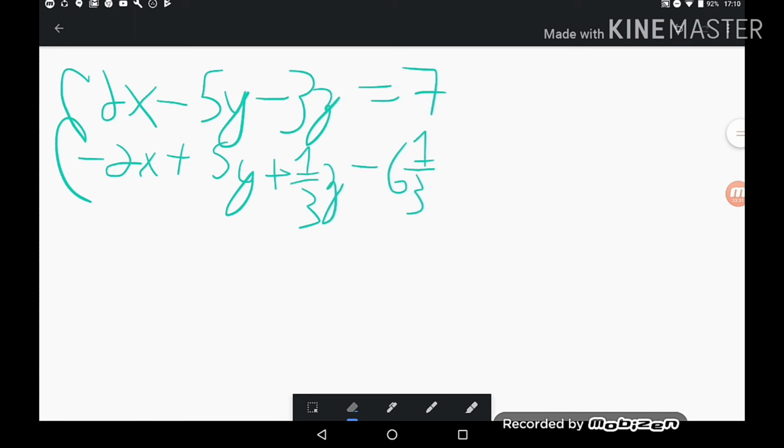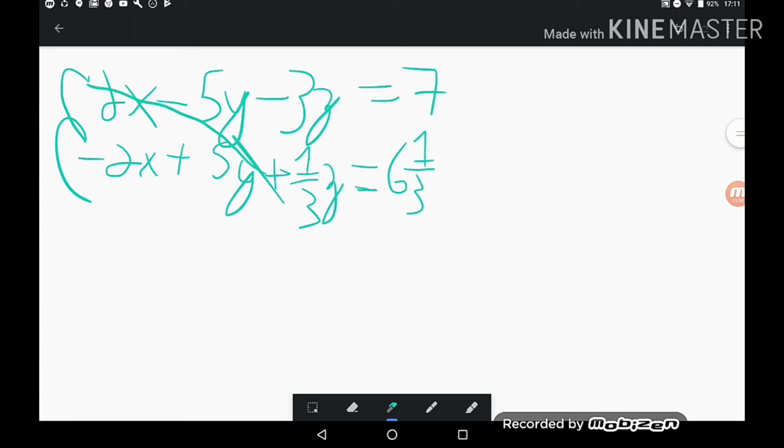Alright, we have negative 2x plus 5y plus 1/3 z equals 6 1/3. Now as you can see, our x's and y's are gone at the exact same time, because we have additive inverses.